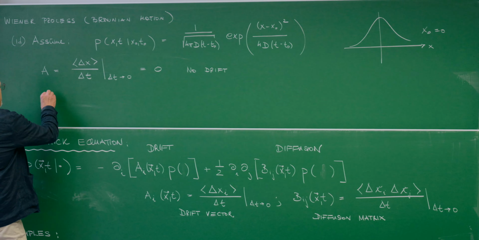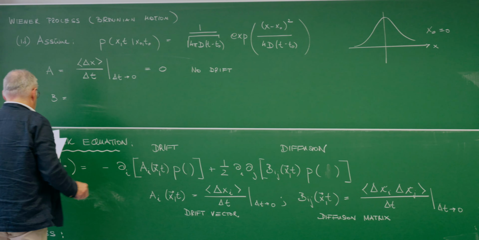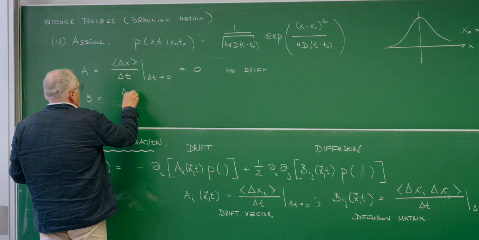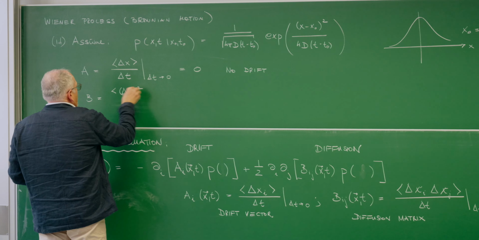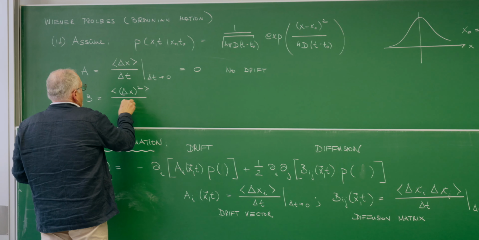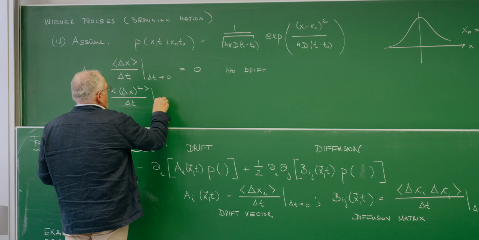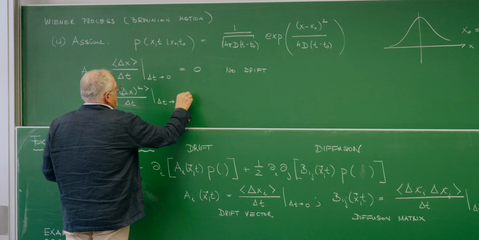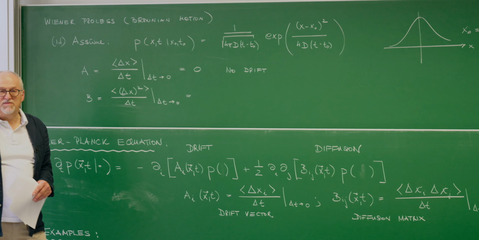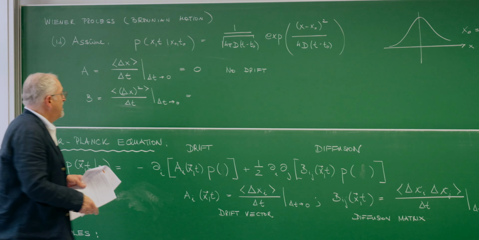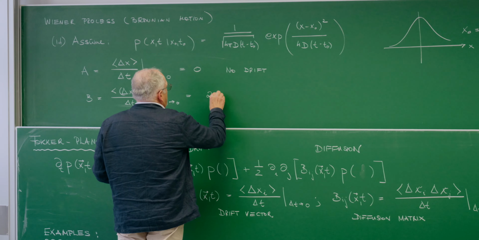The second moment is delta x squared averaged over delta t, and I'm sure you have done that calculation once before. This is just calculating the second moment of a Gaussian distribution, and that gives you 2D.